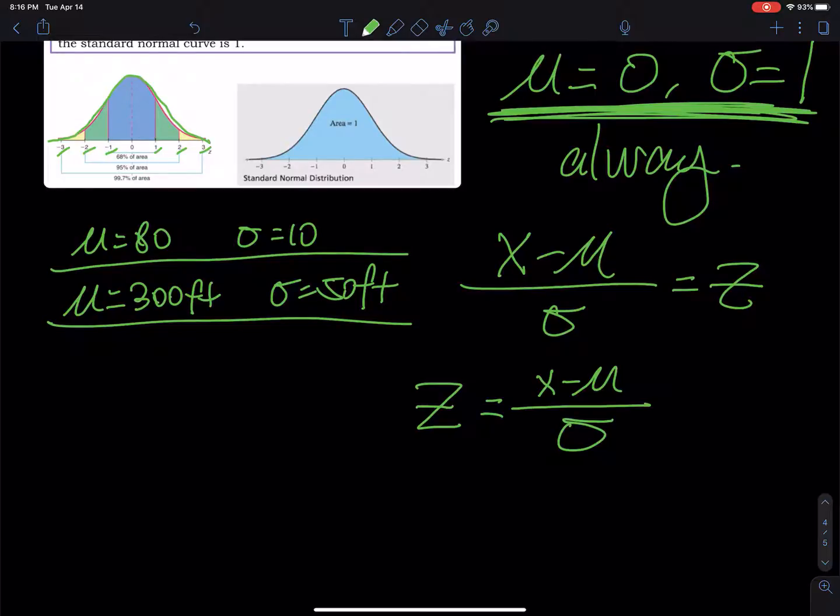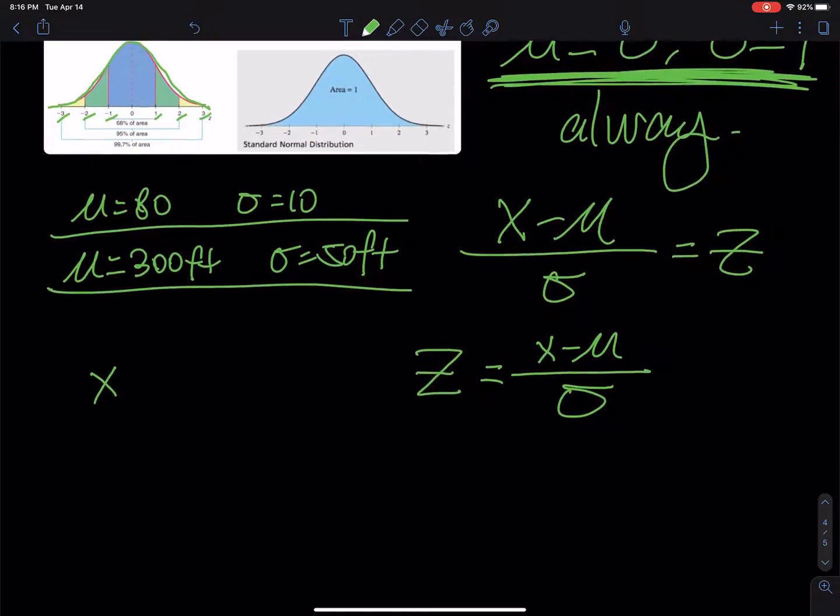And then from the z, you can tell whether the observation is above or below the mean. If it is above, how much above? If it is below, how much below? That is how we standardize numbers.